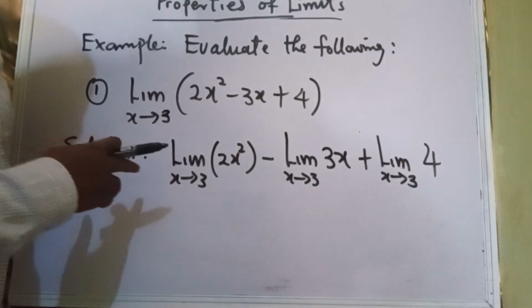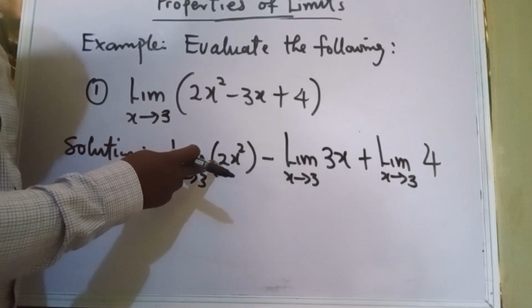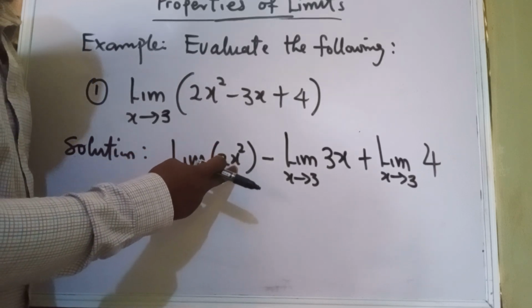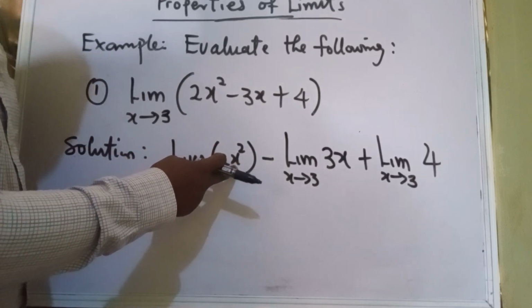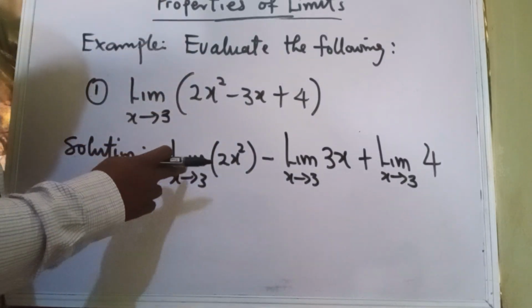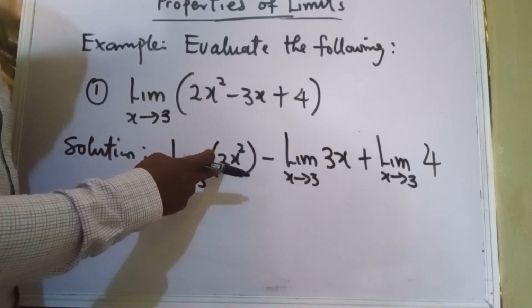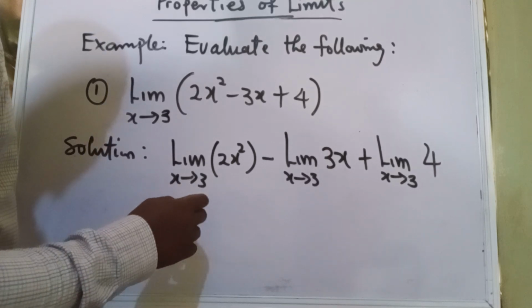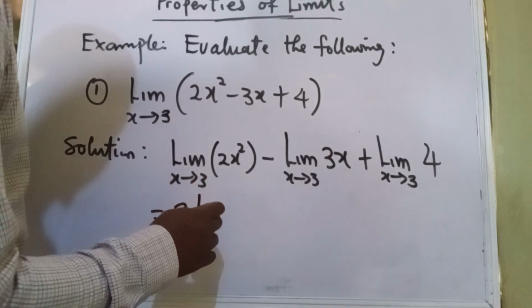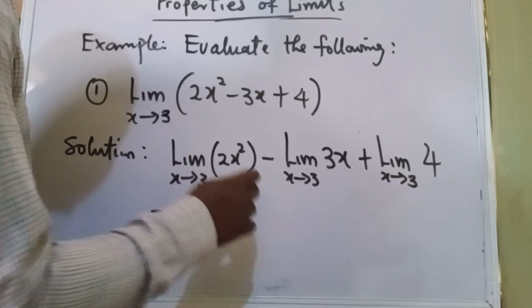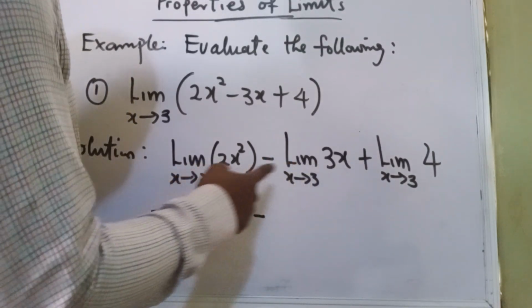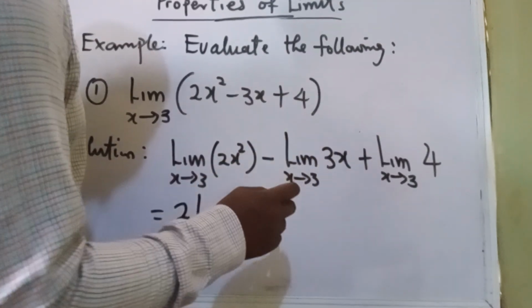The next property we'll apply here is property 4, the scalar multiplication. You observe that this is a constant multiplying a function. So by that property, this limit will not affect this constant. This will be 2 times the limit of x squared, minus this also looks like this, so apply property 4 to this also.